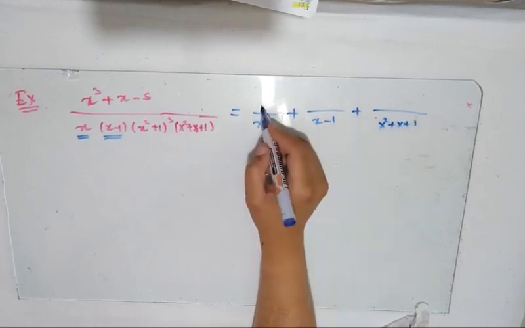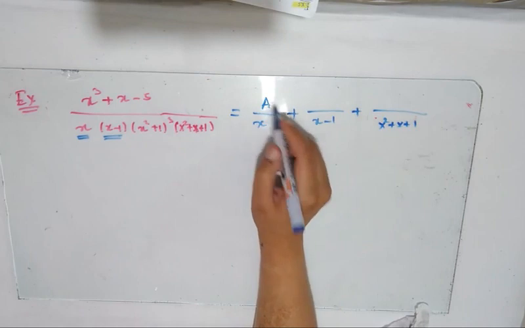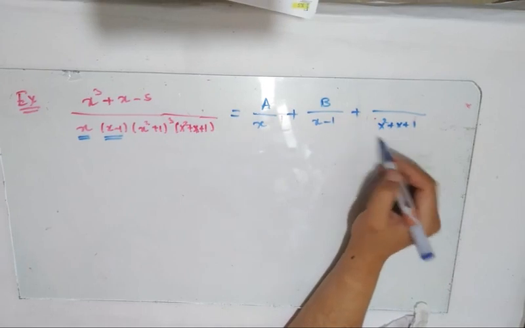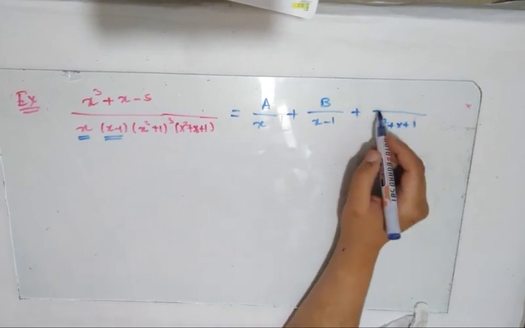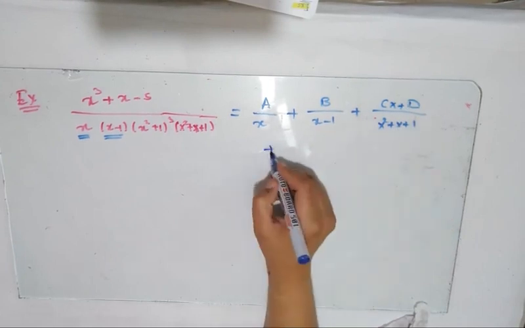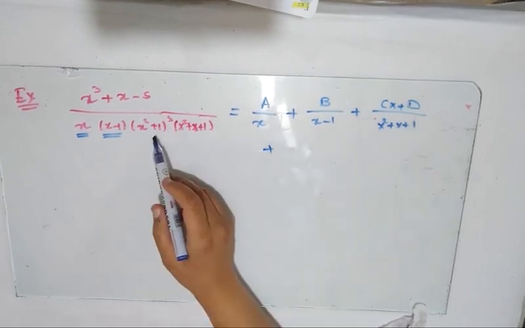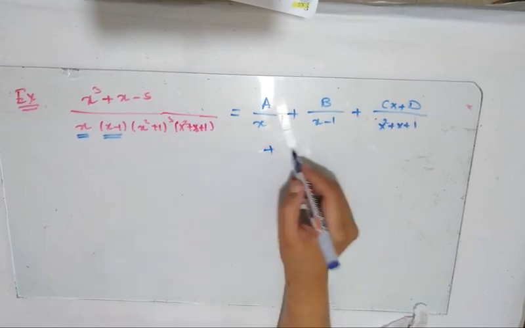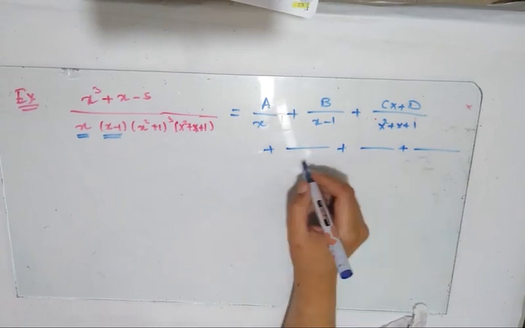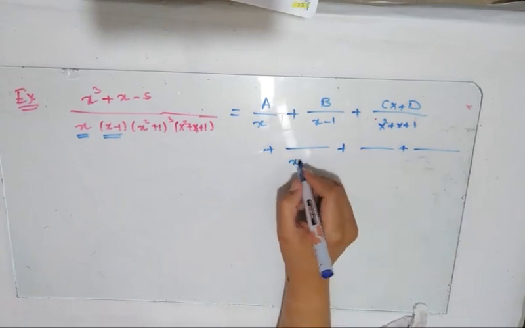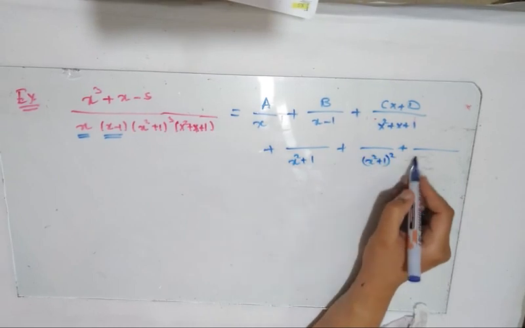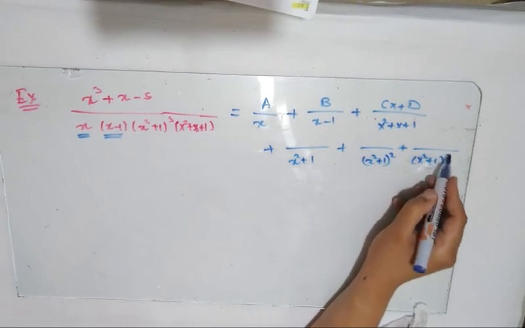Okay, this is linear, so we will write a constant, and again this is linear, so we will write a constant. And here this is quadratic, so you have to write a linear expression, so cx plus d. Okay, and then this is our repeated quadratic factor, so this will share 3 partial fractions. So we'll have x squared plus 1, and (x squared plus 1) squared, and then (x squared plus 1) cubed.